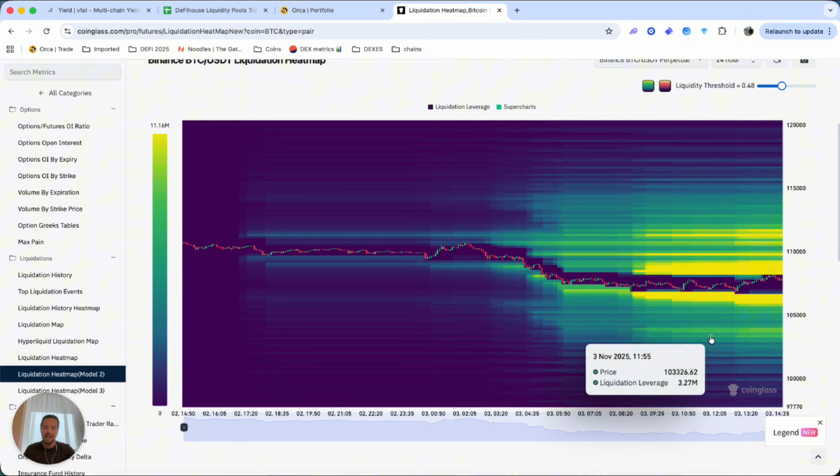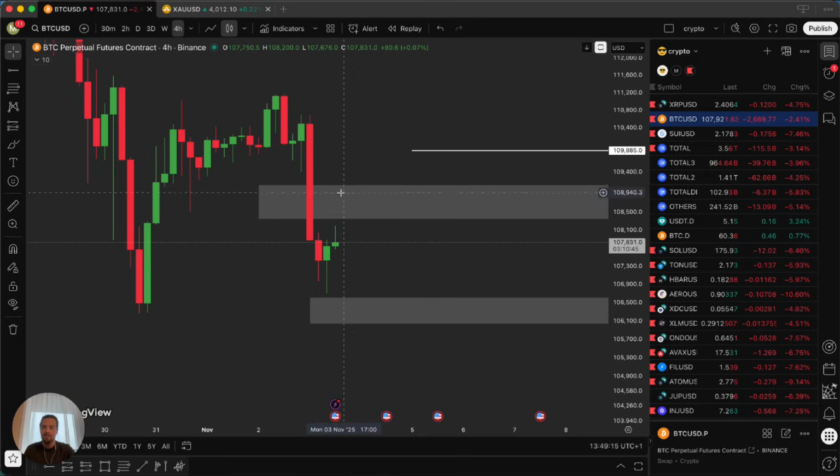We can expect that the price can actually hit this area and be met with a lot of resistance. When the market reaches here, a lot of liquidation will start to take place, meaning that this area is hard to break through, but it acts as a resistance and as a magnet.